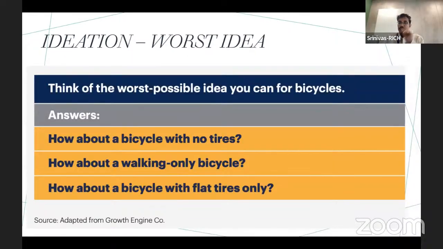Okay. A third very contra approach is called a worst idea approach, wherein the participants are actually encouraged to think of the worst possible idea for a given problem statement, right? So you are given a problem, think of the worst possible idea you can do for a bicycle. Now, what this really gives is it forces the consumer to think out of the box, because now he's breaking the stereotype and looking at completely contra, right?